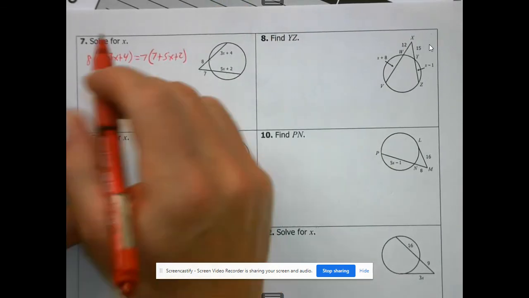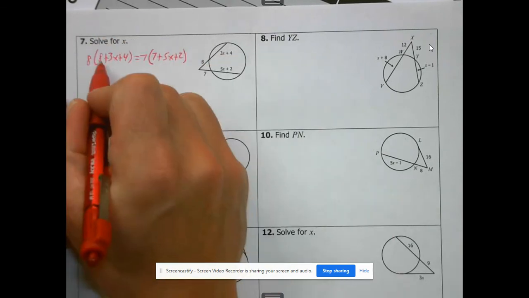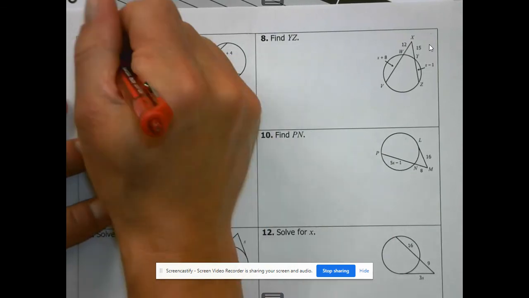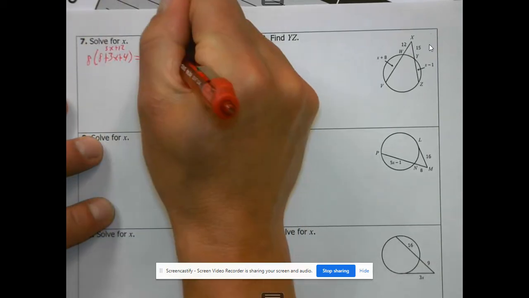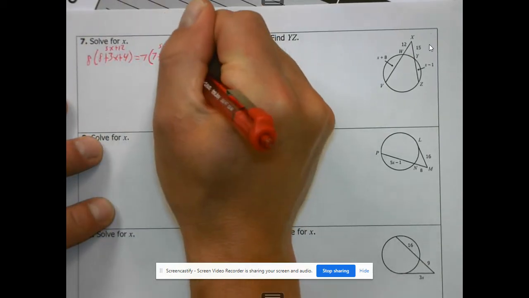On the insides, I could have combined the 8 and the 4, which would give me 12. So this is really 3x plus 12. This is really 5x plus 9.